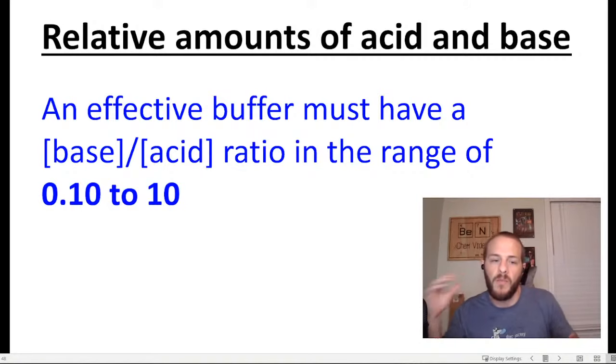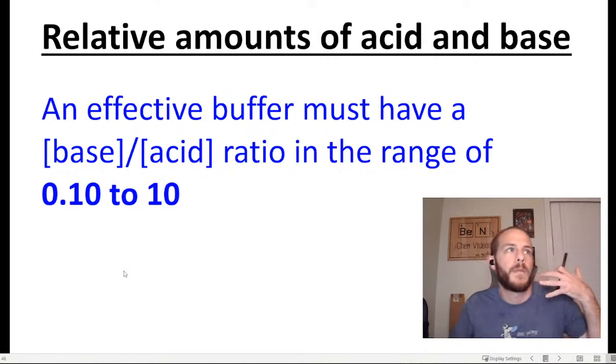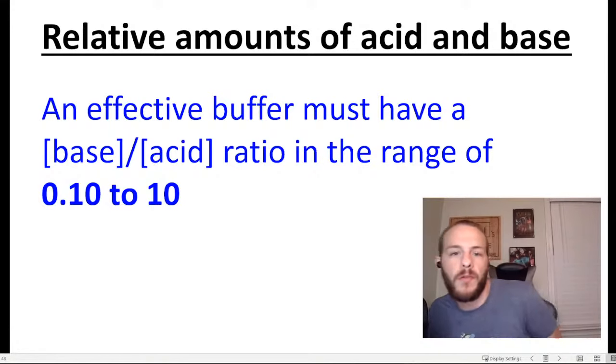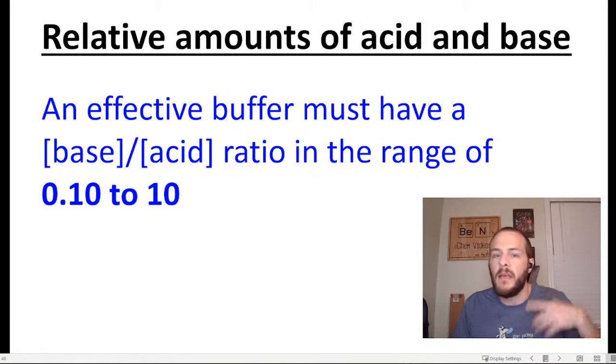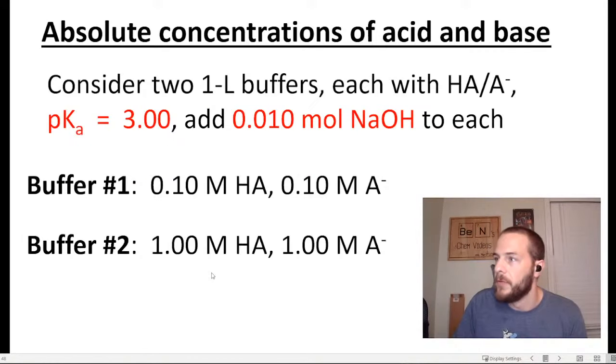So it could either be 10 times larger or 10 times smaller than the concentration of base in order for it to be an effective buffer solution. So that is how the relative amounts of acids and bases in your buffer affect the effectiveness of that buffer solution.